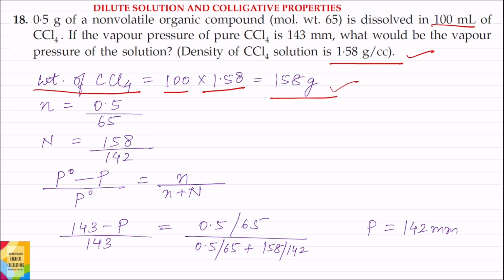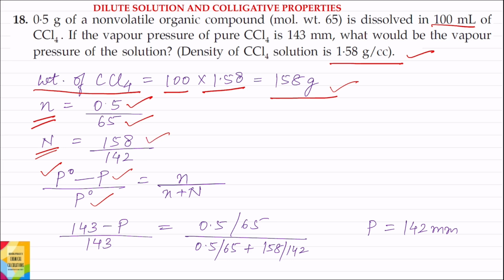Formula used in this question will be vapor pressure of pure solvent, that is P naught, minus vapor pressure of solution, that is P, divided by vapor pressure of pure solvent, and this is equal to mole fraction of solute. Now moles of solute is equal to weight of solute, which is given in the question as 0.5 gram, divided by molecular weight of solute, that is 65, and moles of solvent denoted by capital N is equal to weight of solvent, which is 158 gram, divided by molecular weight of solvent.